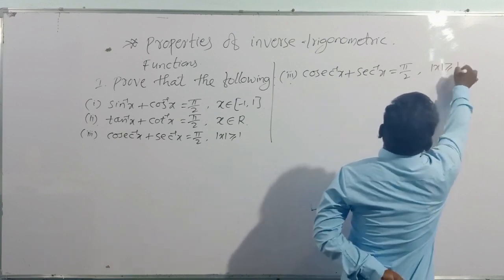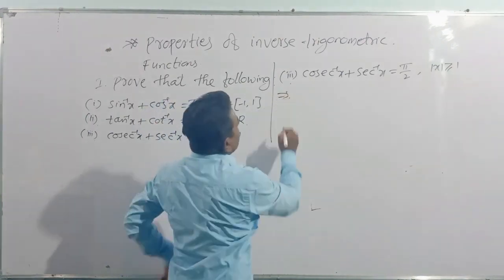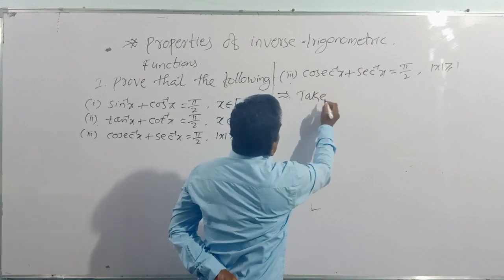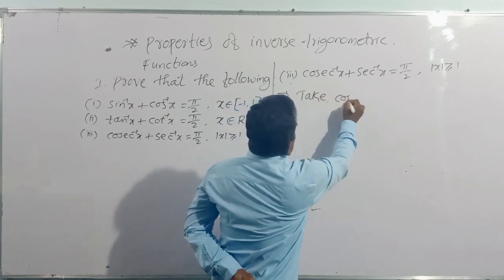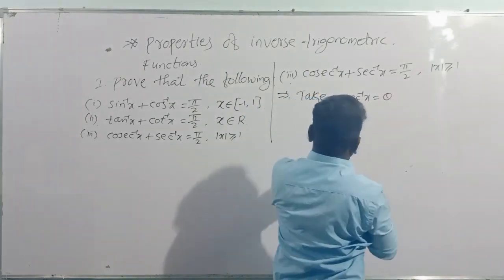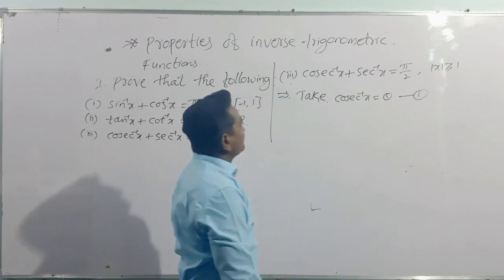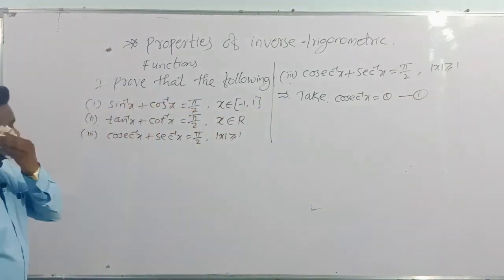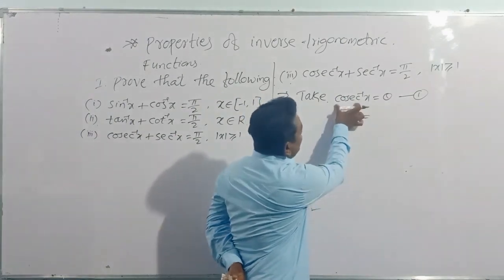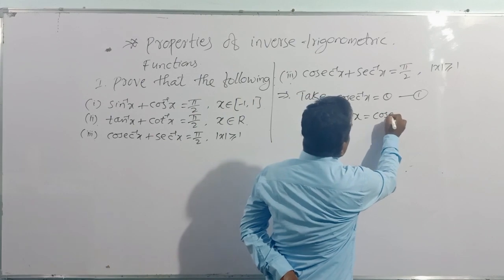Mod x greater than or equal to 1. Now this implies take cosec inverse x is equal to theta. Take down called equation number 1. Then x is equal to this cosec inverse move right hand side, it become cosec theta.